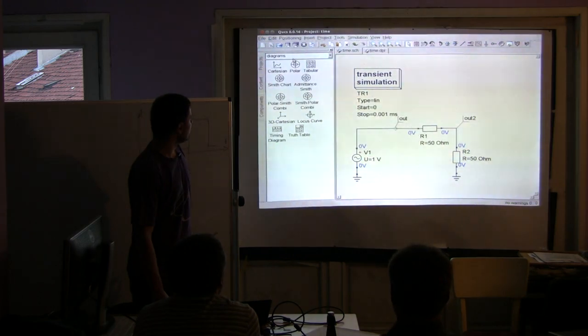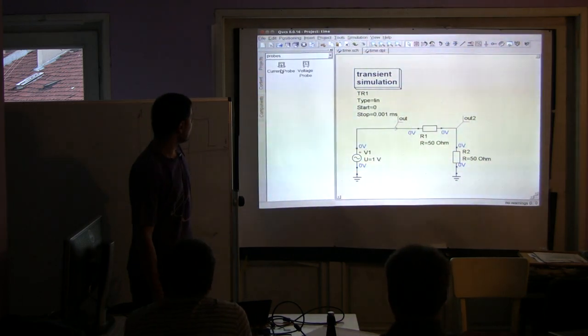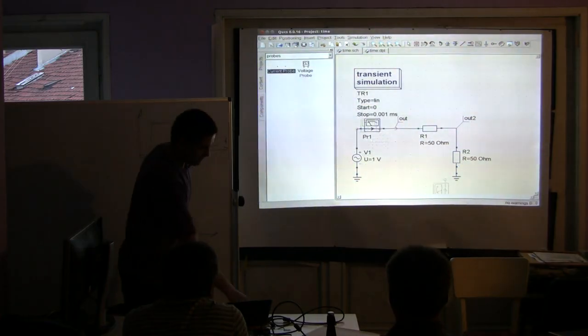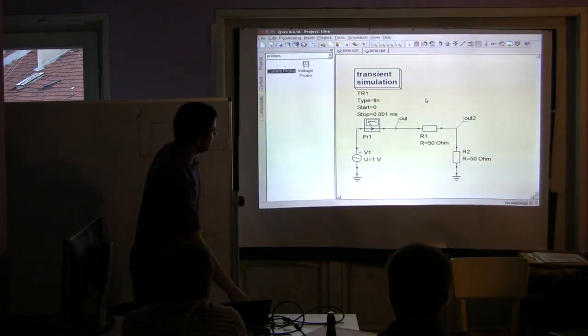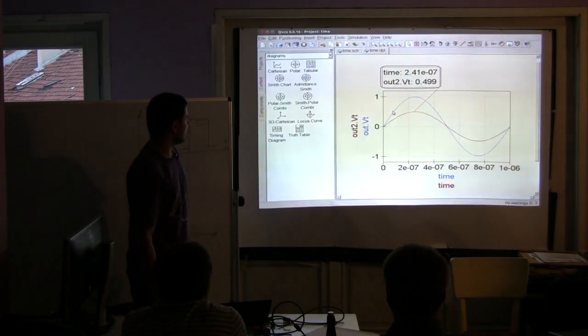Okay, we can place some kind of probes. We have a current probe here, and because it's a common current, we can measure it.